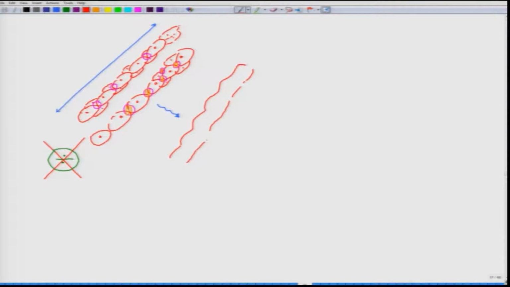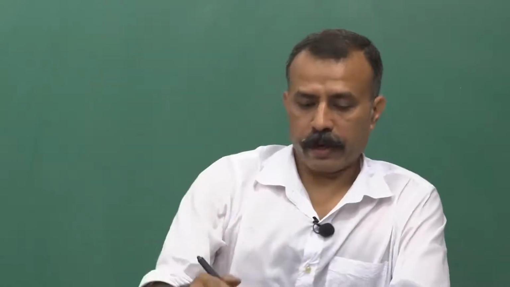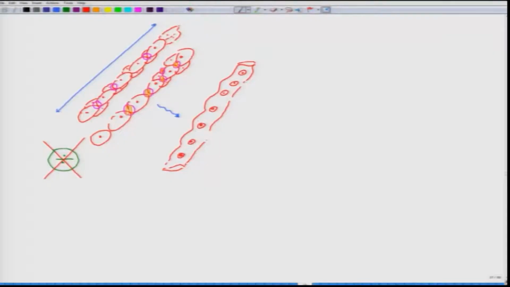As if it is like a tube like structure, and with the individual nuclei, as if it forms a multi-nucleated structure, a multi-nucleated tube, and you won't be able to figure out which cell is which one.